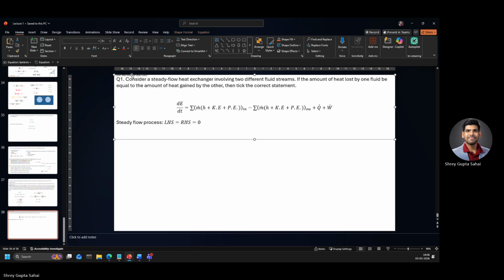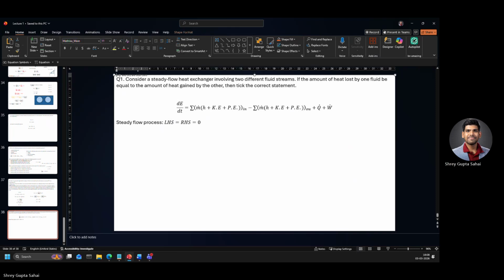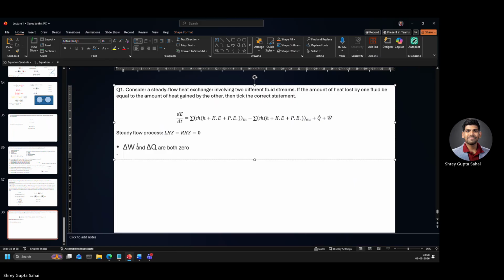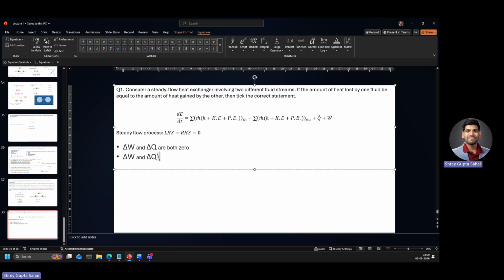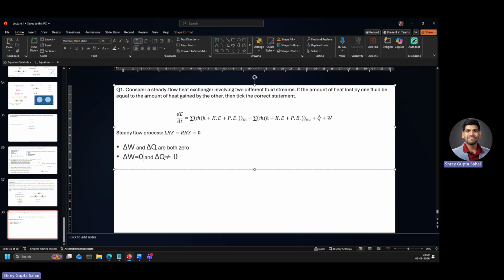Okay. And then there are these options. Essentially saying that one option is this, then the other option is this.